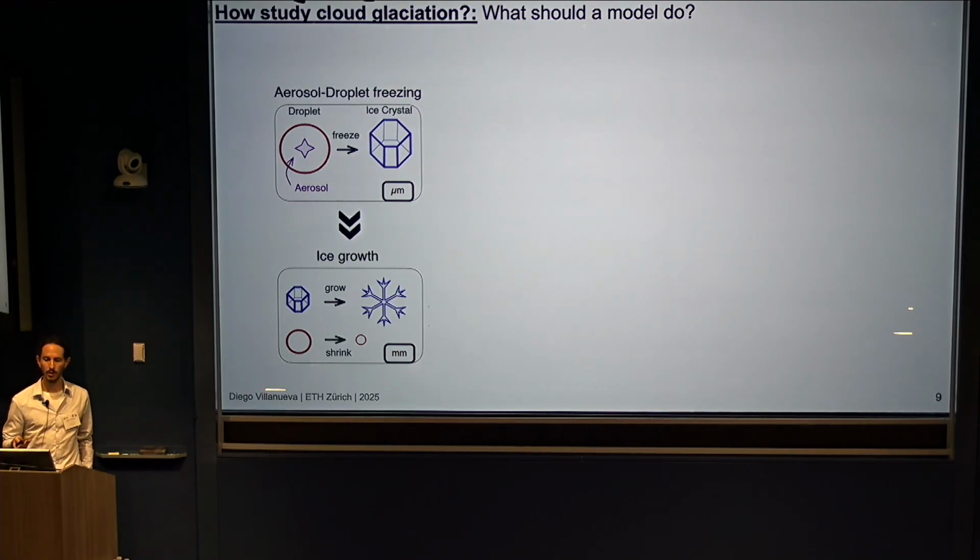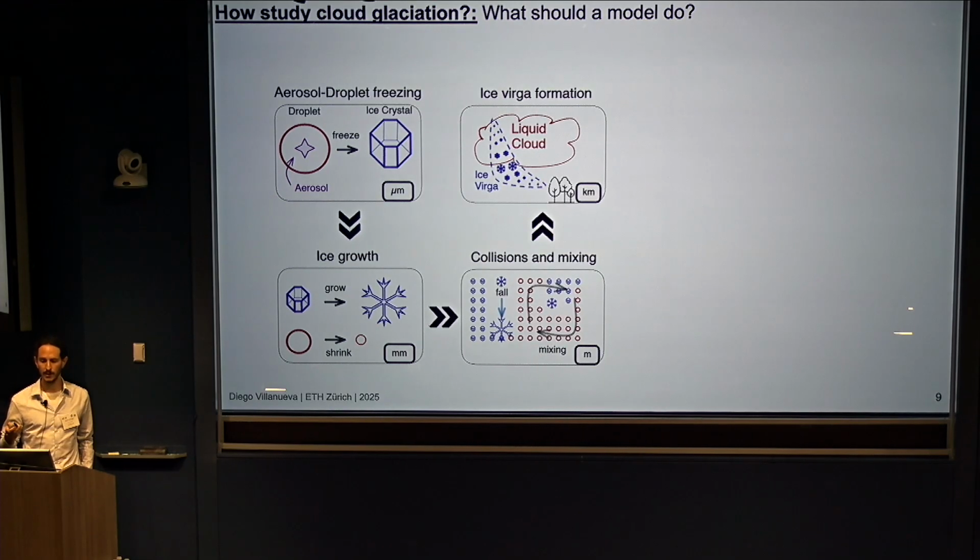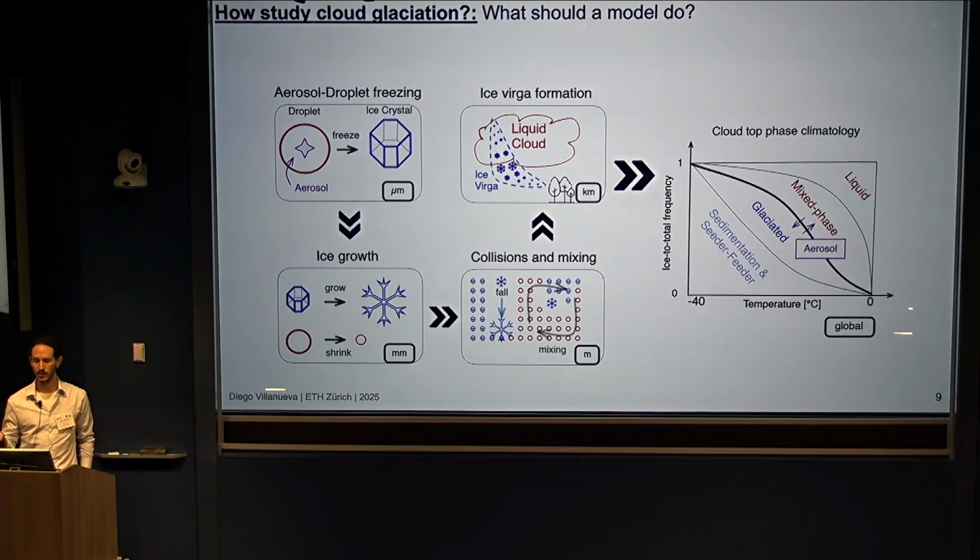We want it on the micrometer scale for the Bergeron-Findeisen process to reproduce ice growth properly. We also want it on the turbulence scale for the mixing between droplets and ice to work correctly. And we also want it on the cloud scale for the model to be able to reproduce ice falling down the cloud.